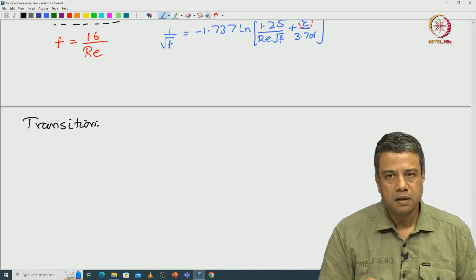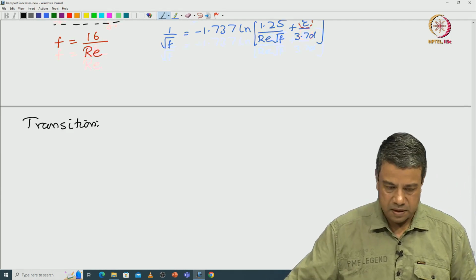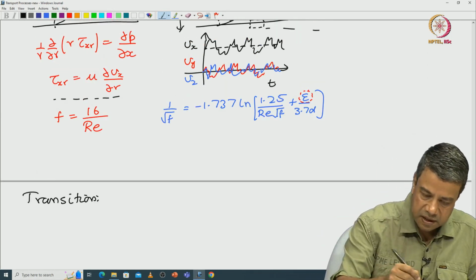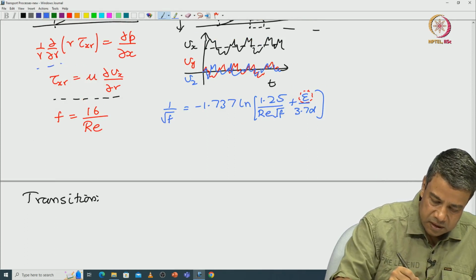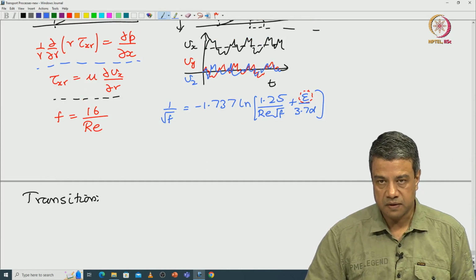It turns out that the laminar flow equations that I have derived for you here, the solution of that is a parabolic velocity profile.